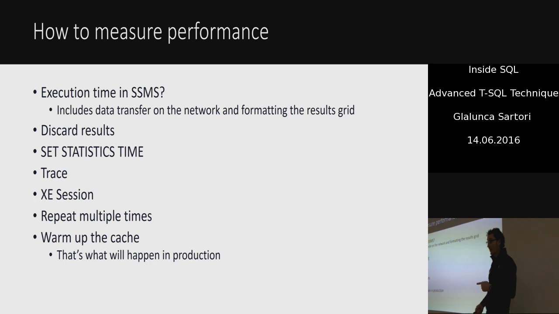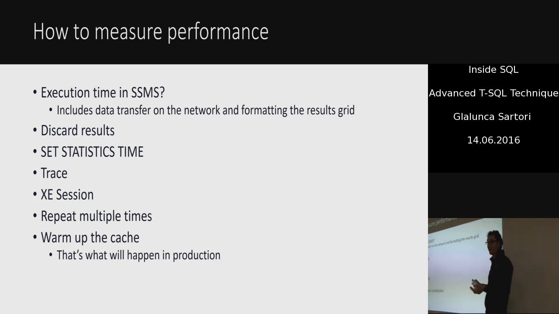Also, a single execution could not tell the whole truth. So in case we had different methods and we want to compare them, we want to execute the same set of queries multiple times, because many things could go wrong. In case of CLR procedures, for example, there's a startup time that it takes to load the CLR procedure in memory for the first time.